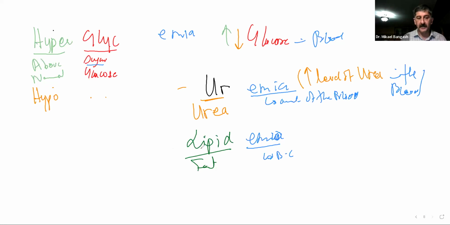Maybe lipidemia, or if you want to say specifically higher than normal, we can say hyperlipidemia. But once you say lipidemia, it's understood that there is a presence of lipids or fats in the blood.